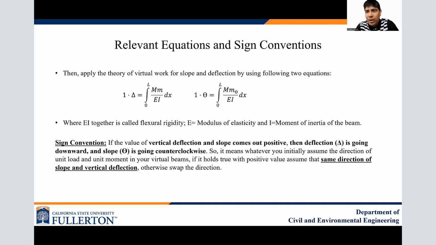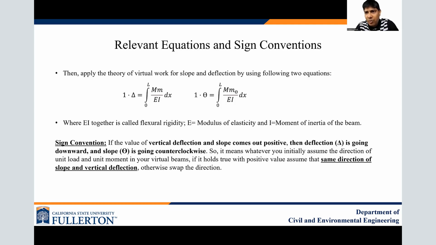So basically, we are multiplying the real moment with the virtual moment in each case, and we integrate it and get our vertical deflection and slope. EI is the flexural rigidity of the beam or frame, E is the modulus of elasticity, and I is the moment of inertia. So that gives you the idea of the virtual work theory.